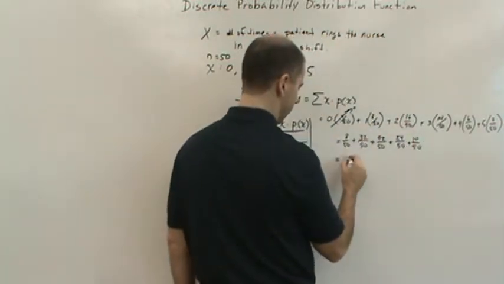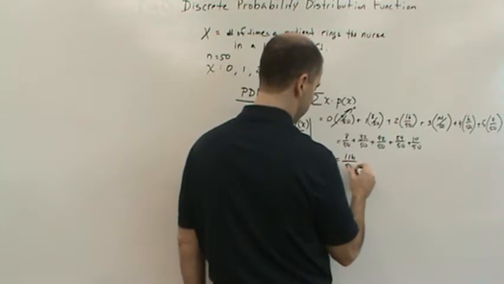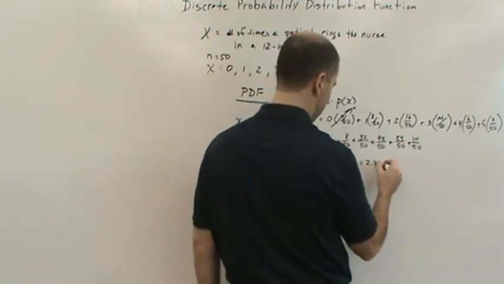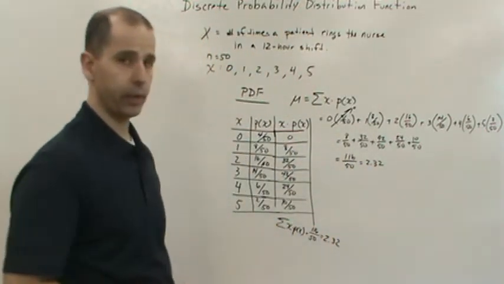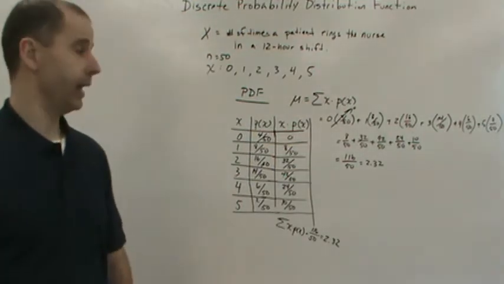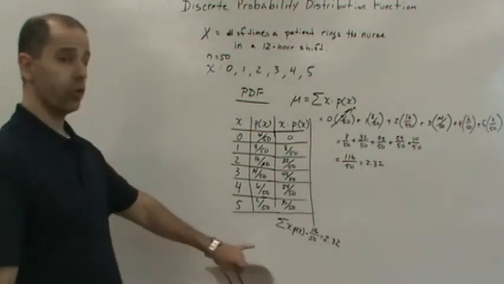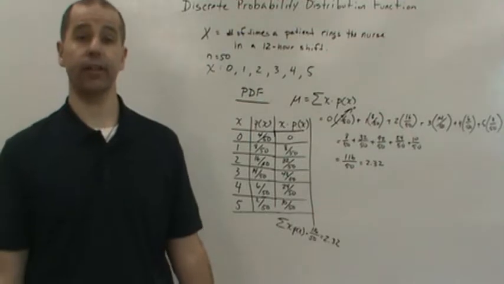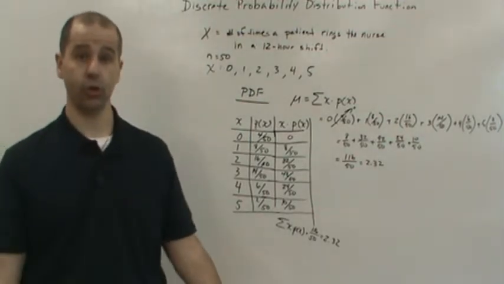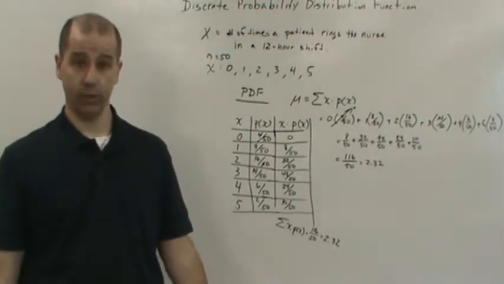And you get the same thing. You get 116 over 50 or 2.32. Okay, so that's the average, right? Now, you could also put this in your calculator just like we did in chapter 2 with frequency distributions, okay?